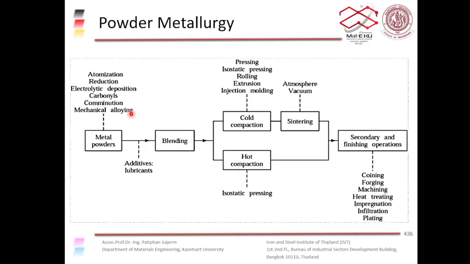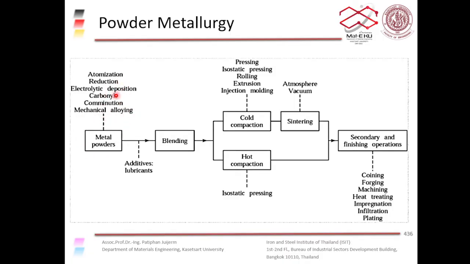For example, if you want to produce a part made from brass, you can either use brass powder or you can mix copper powder and zinc powder together in the proportion that you want. Mix them together in the blending process. So first of all, you produce a metal powder in a process called atomization, which we will look at shortly.